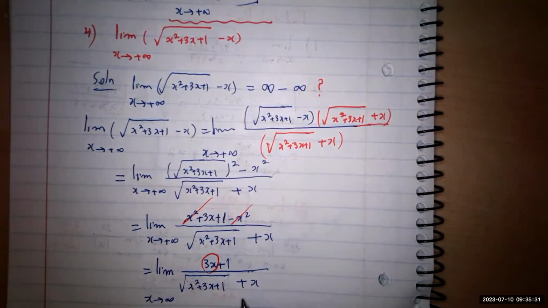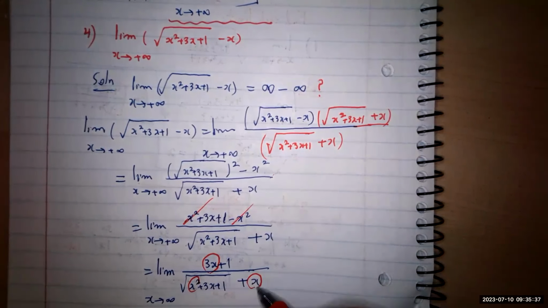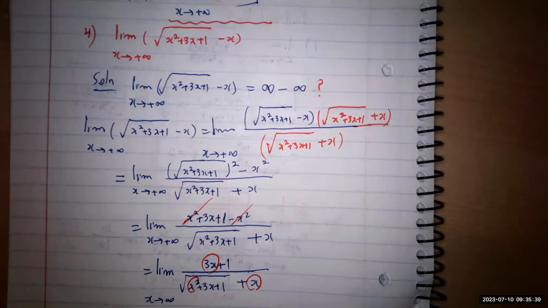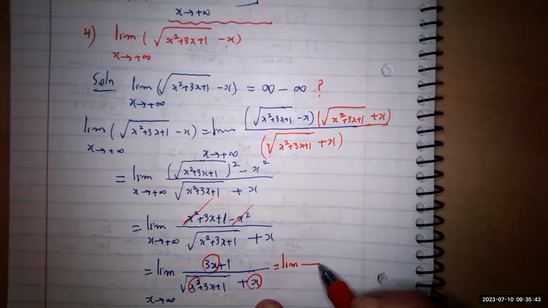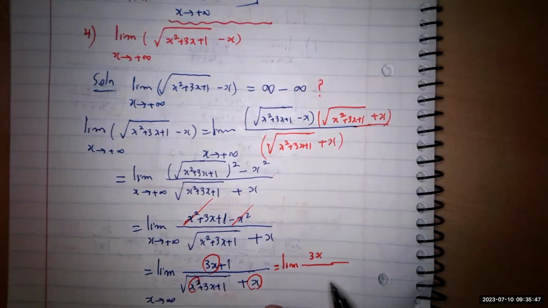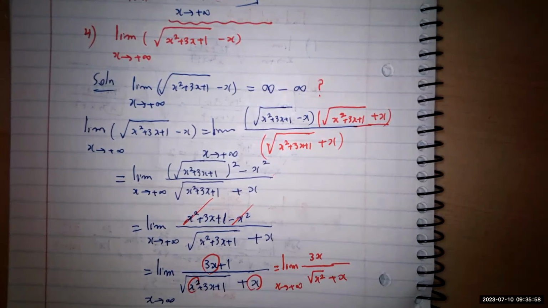So you shrink the first one inside as the square root of x squared, and this would stay as x. So basically this is going to be equal to the limit of the top, which is 3x, and the bottom one, inside the radical gives you the square root of x squared and outside the radical gives you x, as x goes to positive infinity. Any question?